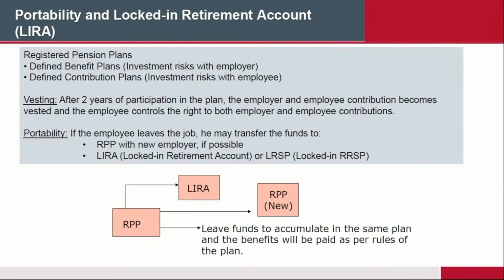So after 2 years of working for the employer, both the employer and the employee contribution becomes vested, and the employee controls the right to both. In other words, the employer and the employee money belong now to the employee. So it vests to them. So both monies, the employer's contribution and the employee contribution, now vest to the employee. So the employer cannot take that money away from you.